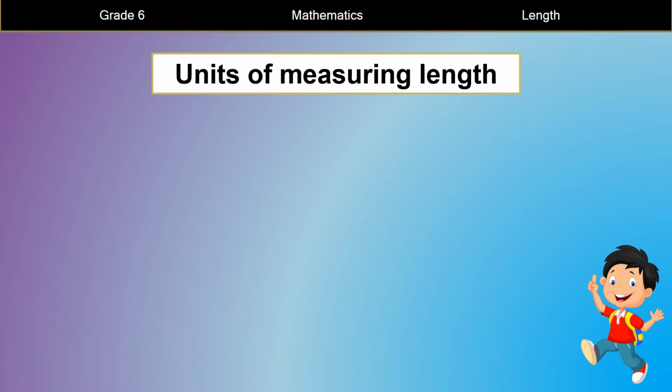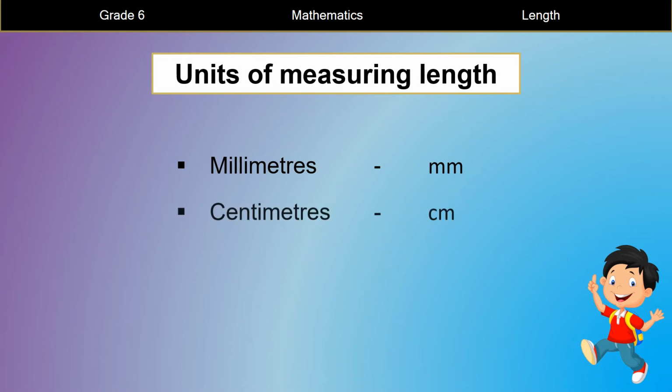Now let's learn what are the units of measuring length. The units we use to measure length. One unit is millimeters. The symbol we use to represent millimeters is simple mm. And centimeters is another unit we use to measure length. The symbol is cm. And meters is another unit of measuring length.